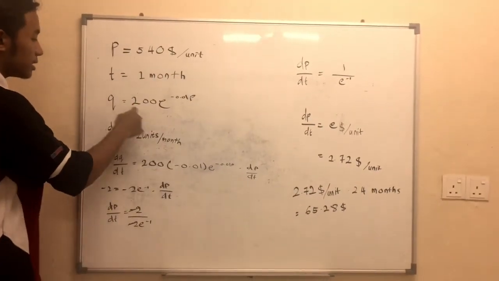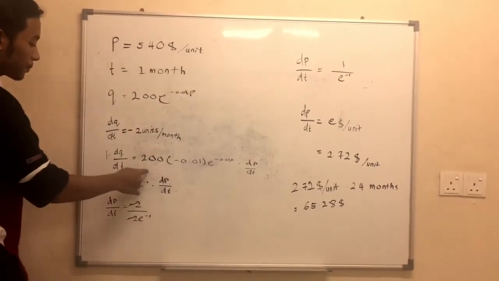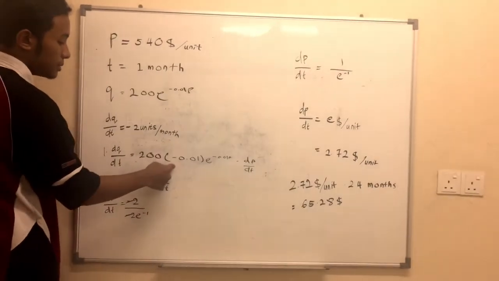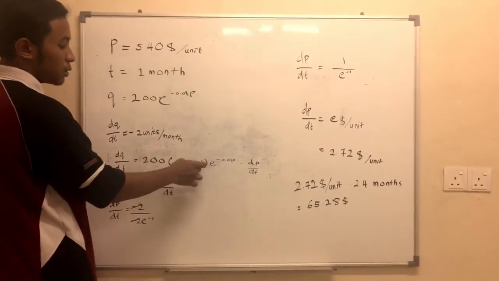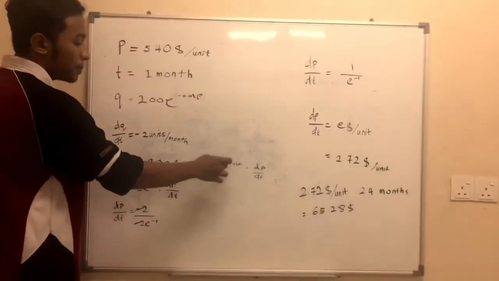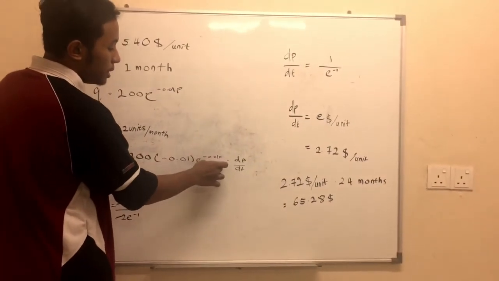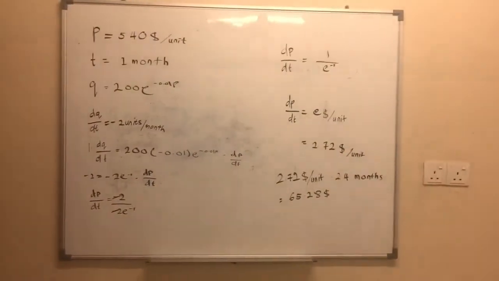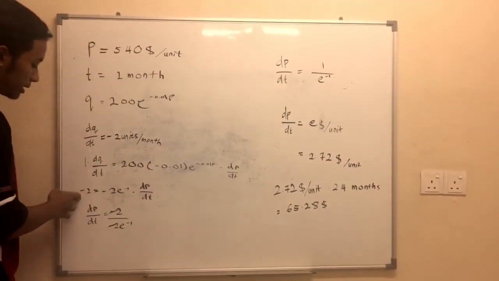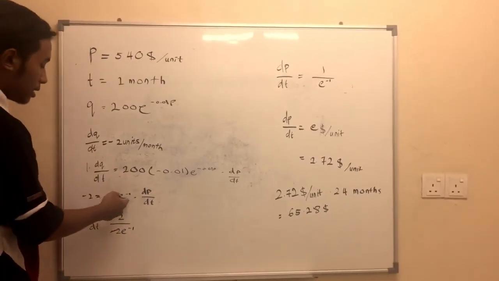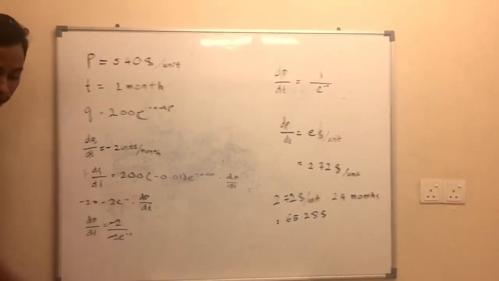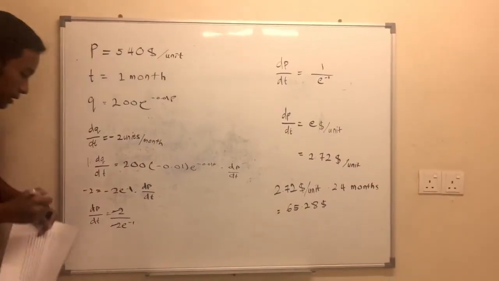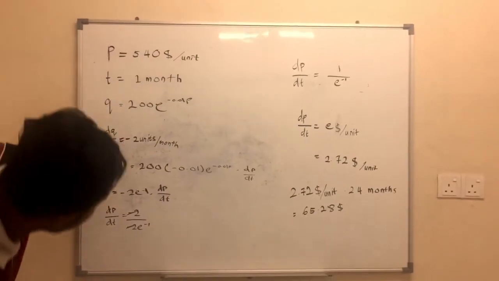Then we differentiate this equation, dQ over dP, which will give 200 times negative 0.01 e to the power of negative 0.01P, times dP over dt. Here we got negative 2 equals negative 2e to the power of negative 1, times dP over dt.